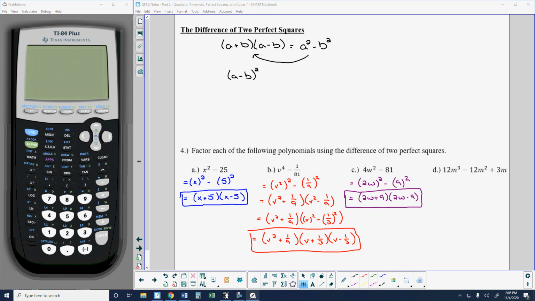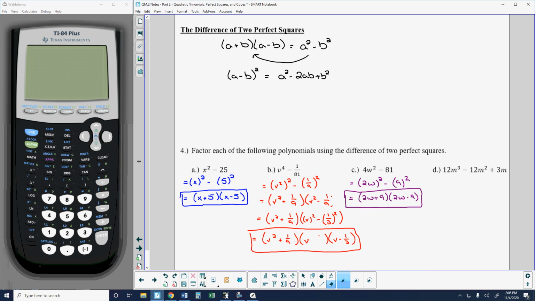If I take a minus b times a minus b, I would get a squared minus ab minus another ab plus b squared. So a minus b squared is actually a squared minus 2ab plus b squared.